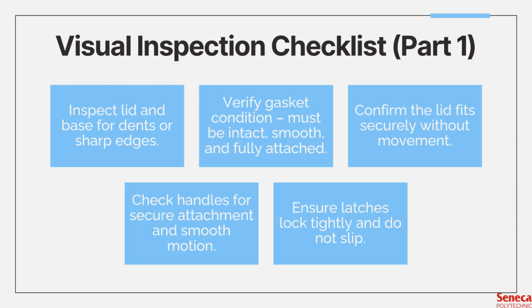Make sure that the interior basket or trays are intact and free from burrs or sharp edges. Confirm that there are no signs of mechanical stress, such as bending, dents, or warps on the surfaces. And you have to record any defects immediately and remove the container from service if any are found.